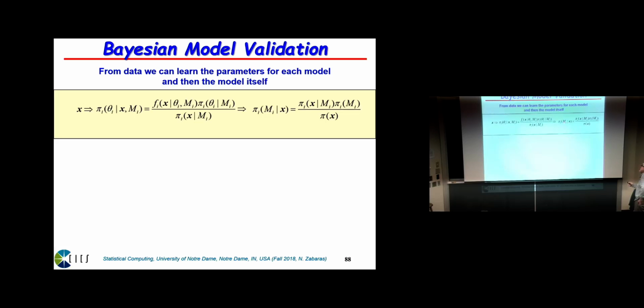So the posterior of the model M_i given some data X is the likelihood under model M_i times the prior of M_i divided by p(X). This is an amazing result, right? We were talking about posterior over parameters. Now we can actually talk about posterior over models.